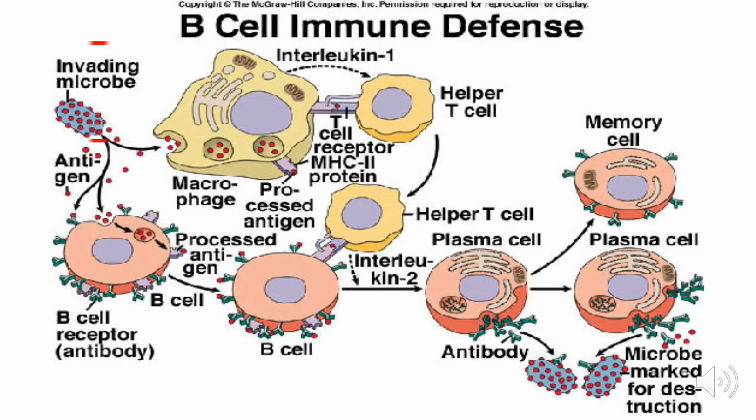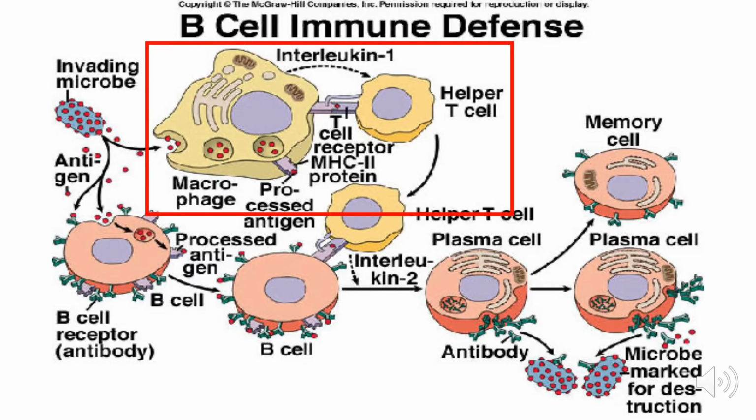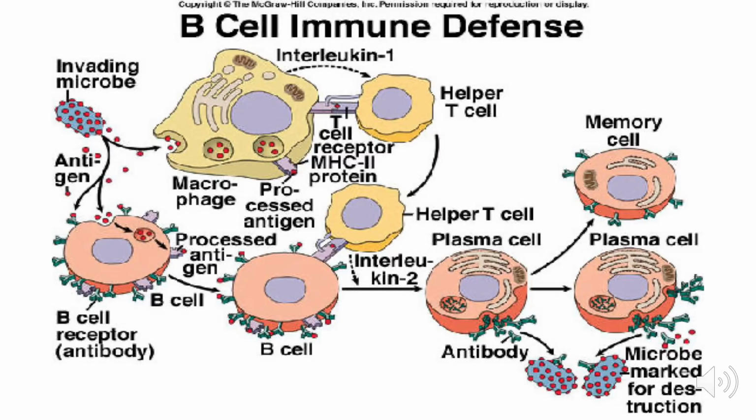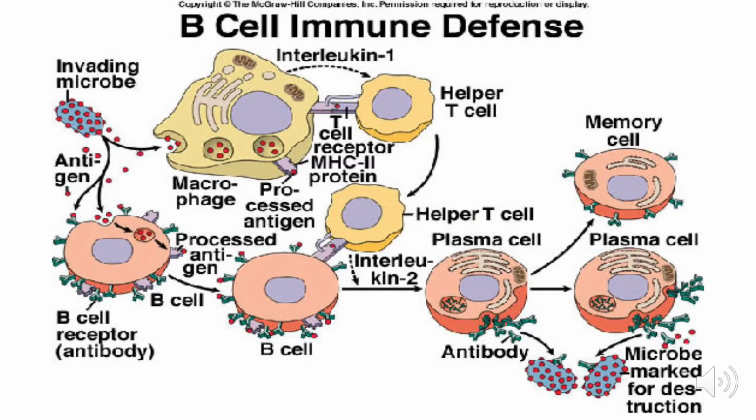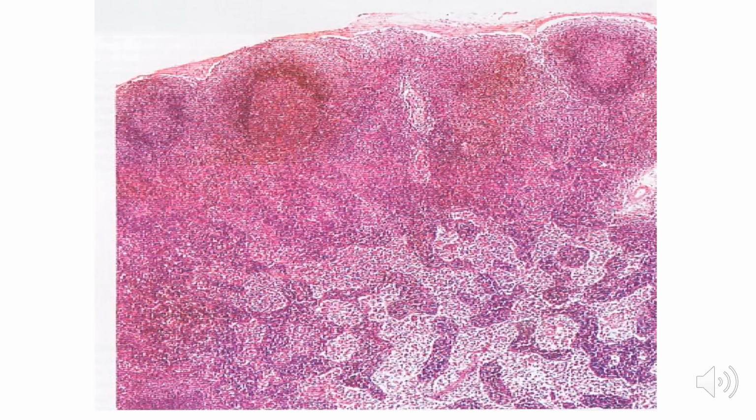Microorganisms will be engulfed by APCs, antigen-presenting cells such as macrophages, and these macrophages will present the antigen to T helper cells. And once activated, the T helper cells will activate B cells to become plasma cells, and the plasma cells will produce antibodies.